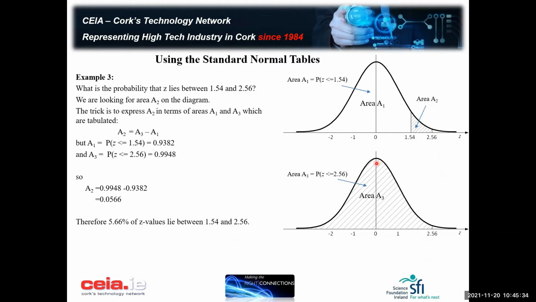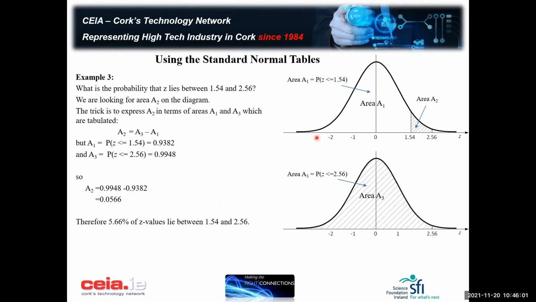Well, what is tabulated is area A1 up as far as 1.54, this area. What's also tabulated is area A3, which is this area up as far as 2.56. And obviously, this area A2 is the difference between those two areas. And so A2 is A3 minus A1.